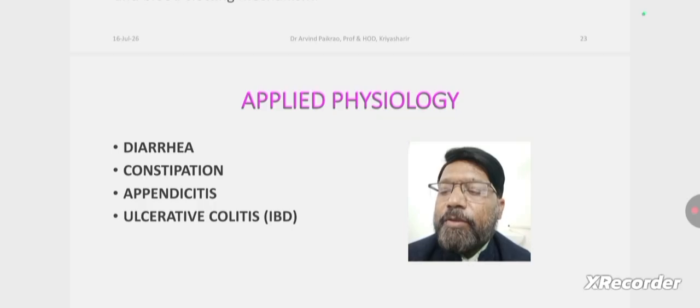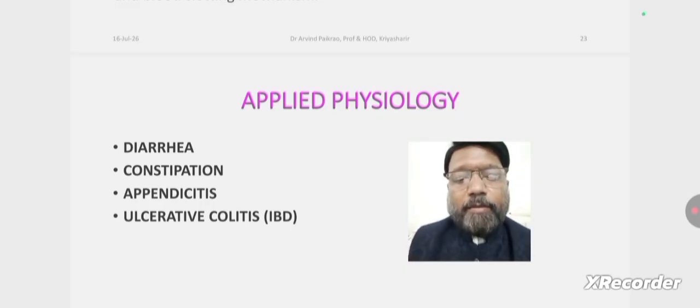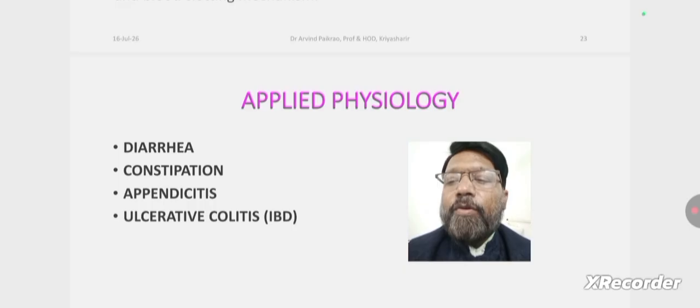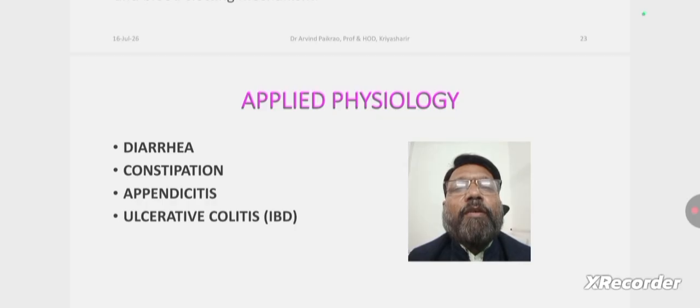There is a dry stool, and because of that the person has discomfort with defecation, and the daily frequency is also hampered. The stool is passed once in two days, or once in 3 days, or there is difficulty in passing motion also. This appears in constipation.